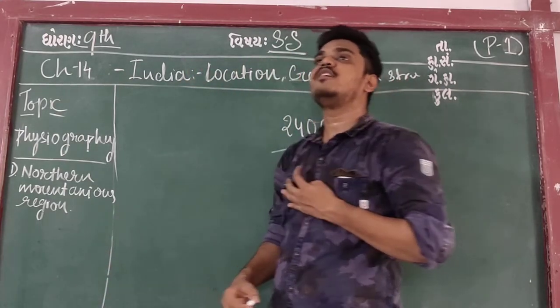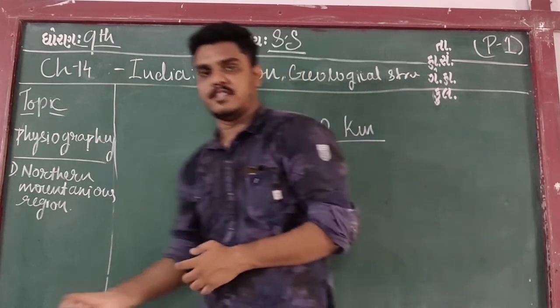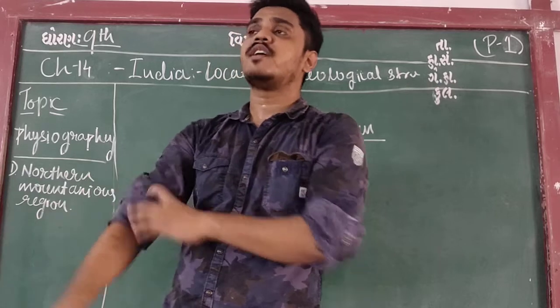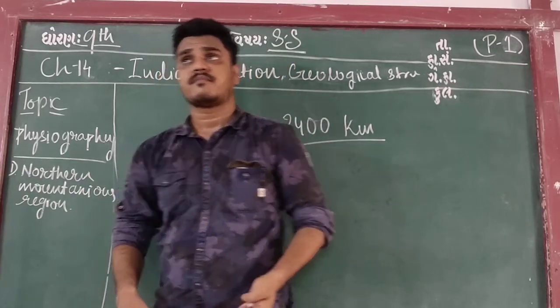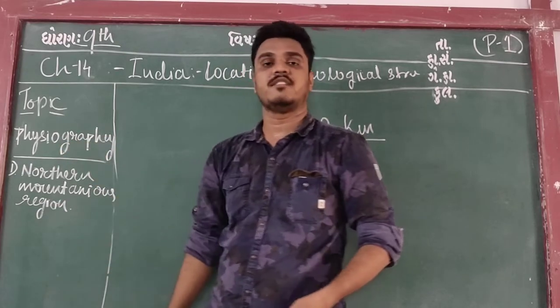We have only about 10 to 15% of this mountain region. Most of it is in Bhutan and Myanmar, and the other countries got some portion of this mountainous region.